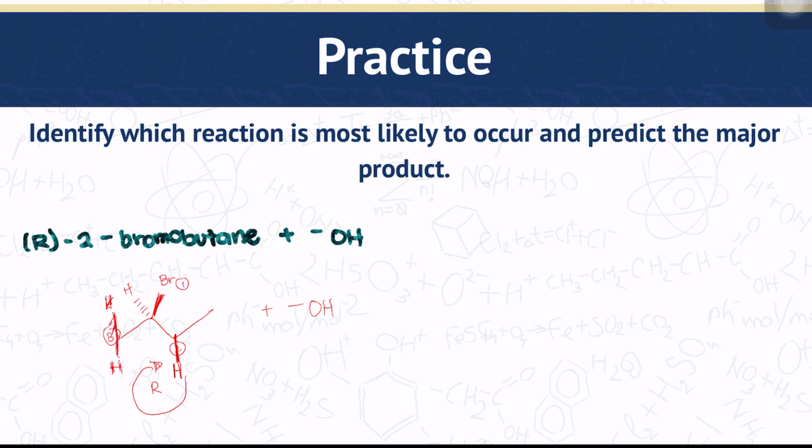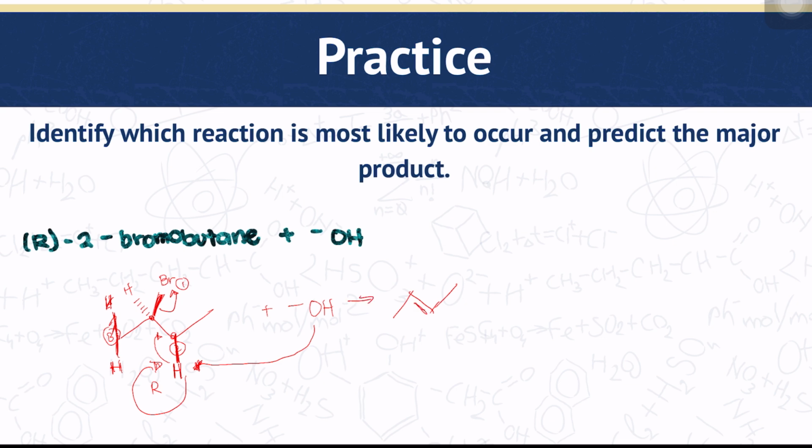So the first option is the strong base will attack the beta hydrogen here. So this is our alpha, this is our beta. And what happens is that the double bond will form. So one of our products will look like this because it will cause the bromide ion to leave.